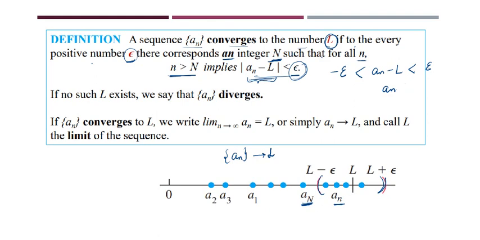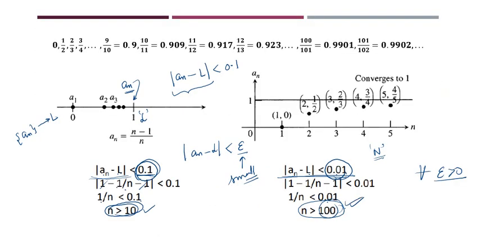So an will lie between L minus epsilon and L plus epsilon, and this is for n greater than capital N. That capital N I will find out this way.